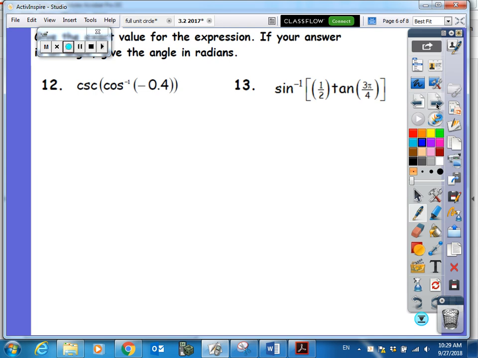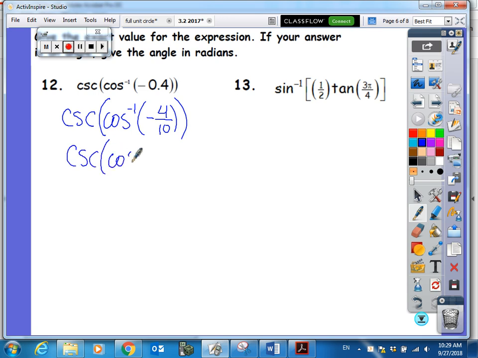Now, if you want 0.4 over 1, now you're going to just have more fractions to deal with, decimals in fractions at the end. You can't have fractions in fractions. You can't have decimals in fractions. So, cosecant of the inverse cosine of negative 4/10. I write it exactly how I would mathematically say that. 0.4 is what we say, but really that is considered 4/10.